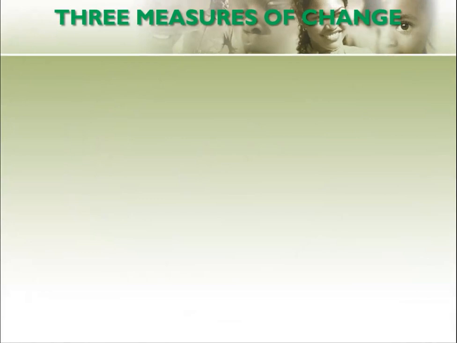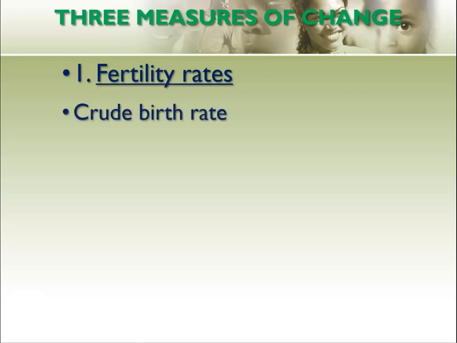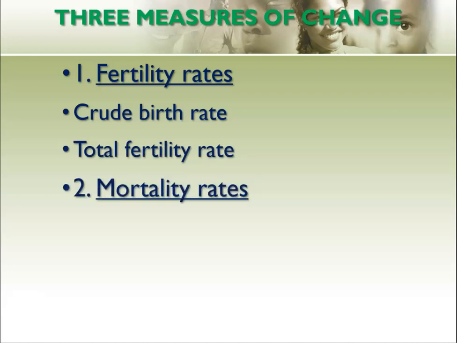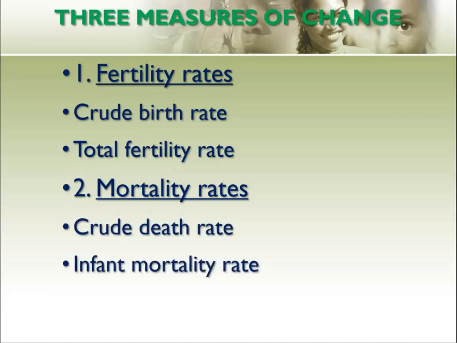There are three measures of change in population. One is fertility rates, and these include crude birth rate and total fertility rate. Then we have mortality rates, and within mortality we have crude death rate and infant mortality rate, and then migration.